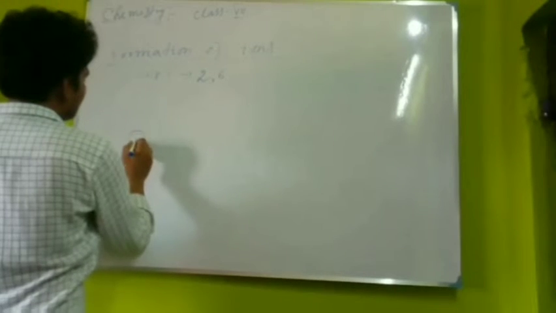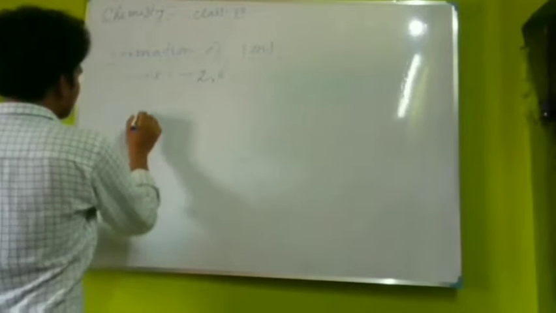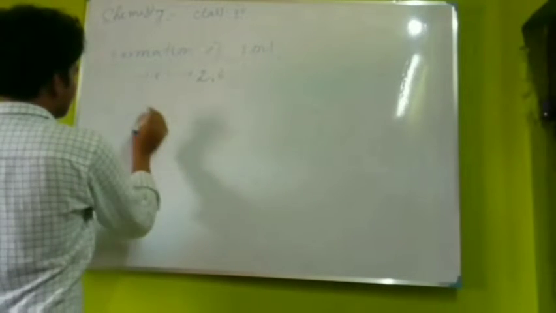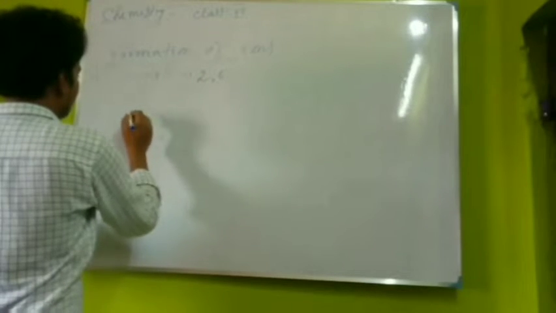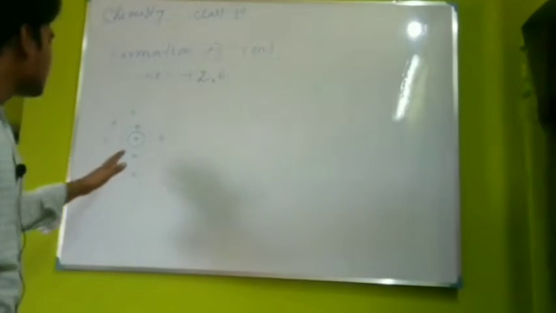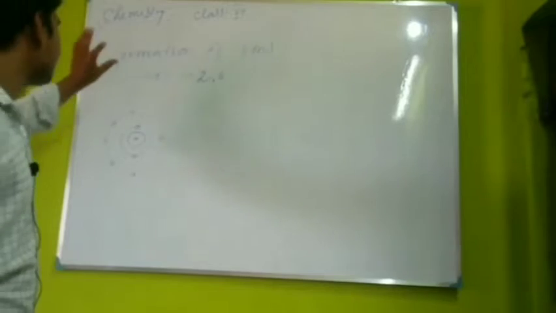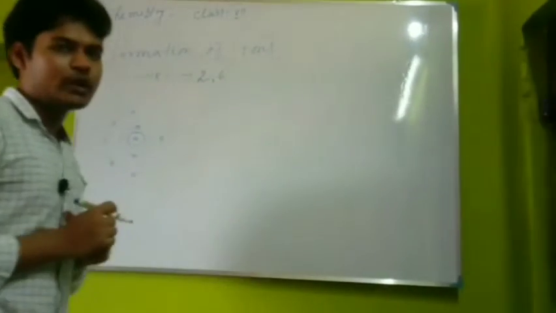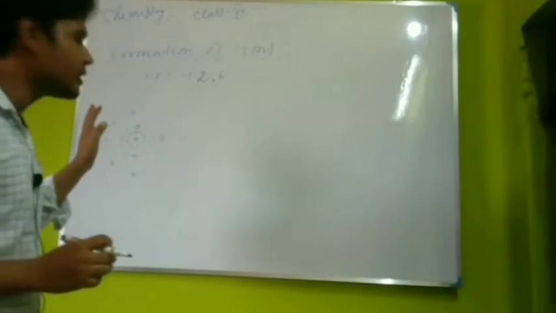So for oxygen, around the nucleus, in the first orbit 2 electrons, in the second orbit 1, 2, 3, 4, 5, 6. As oxygen is a non-metal, we can find out its valency, that is 2 minus, as we know 8 minus the number of electrons present at the outer shell.